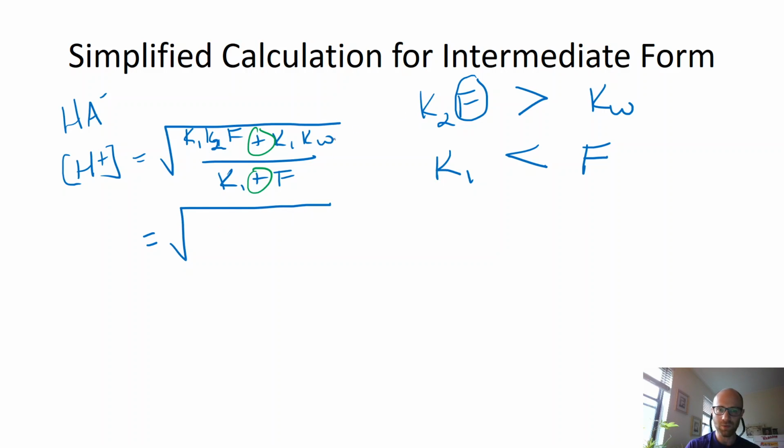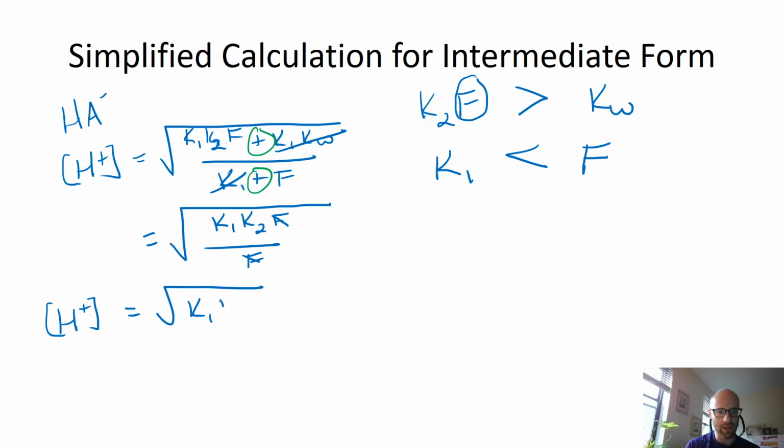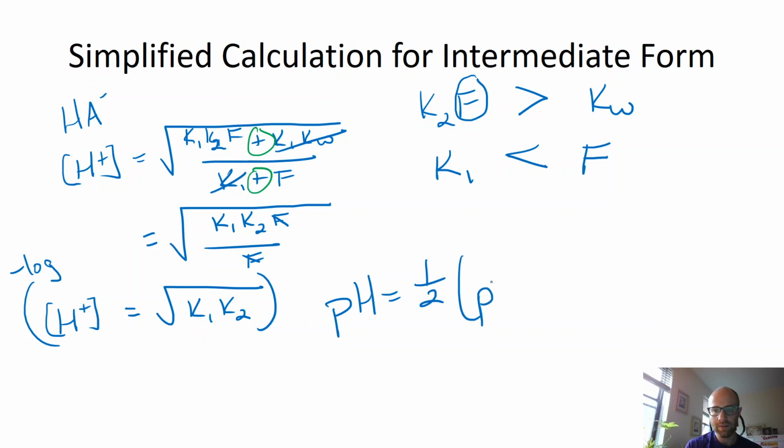What that would give us once we cancel out the smaller terms is that H plus is equal to K1 K2 F over F, which would cancel out. So that H plus is equal to the square root of K1 K2. And if we were to take the negative log of the whole expression and then do a little bit of algebra, what we would get is that pH is equal to 1/2 (pK1 plus pK2).